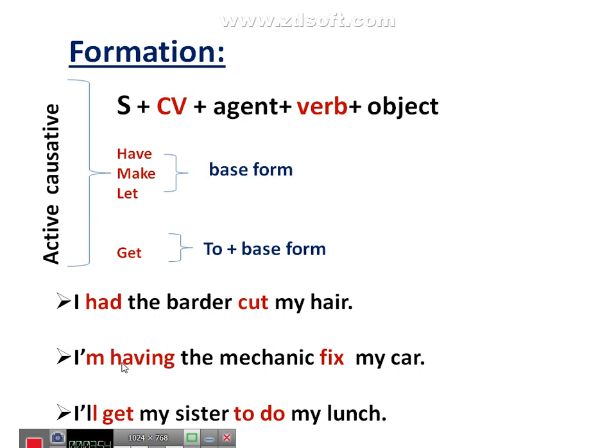I am having, verb to have, is the causative verb, the mechanic is the agent, and fix is the verb in the base form. I'll get my sister to do my lunch. Will get is the causative verb, my sister is the agent, and to do is the verb in the full infinitive. After get, the agent is followed by the full infinitive.